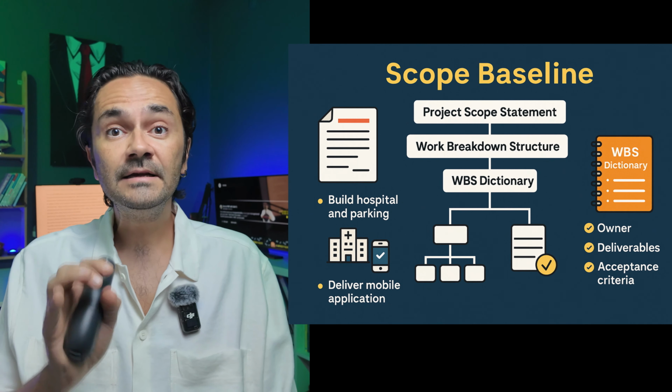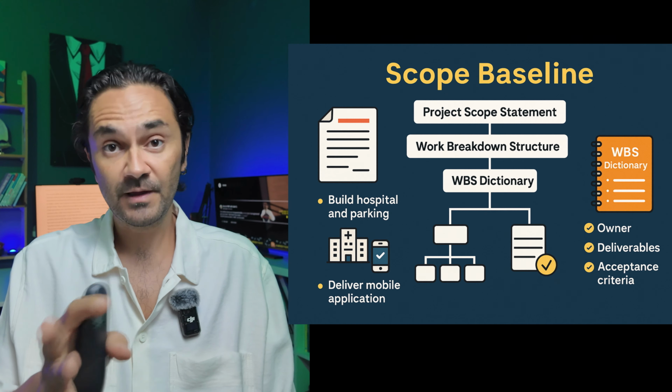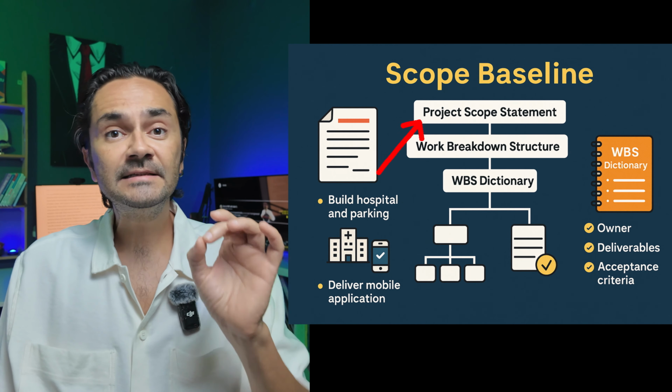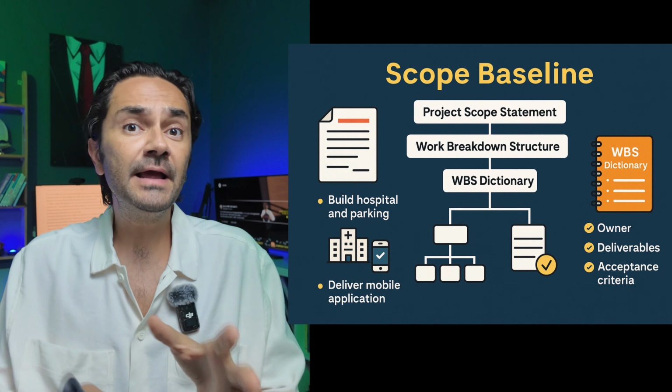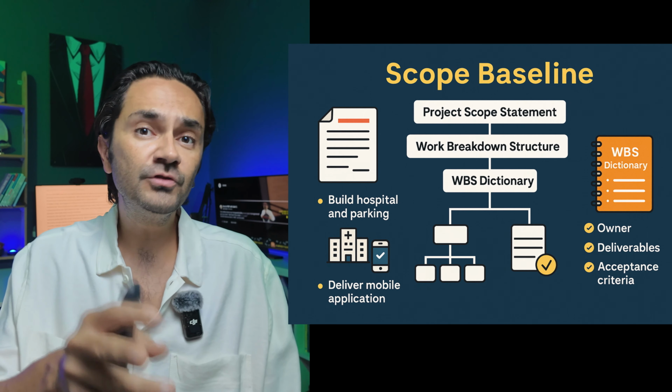The scope baseline consists of the project scope statement, the work breakdown structure, WBS, and the WBS dictionary. Here, the project scope statement is simply a detailed description of what the project will deliver and the boundaries of the work.